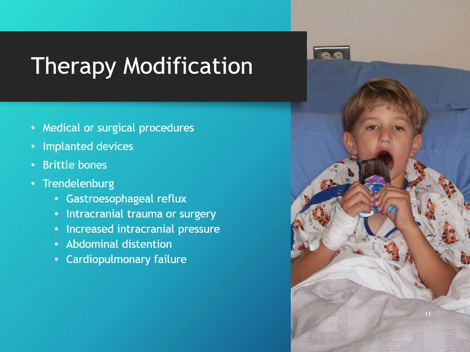We don't want to increase pressure in the chest and the systemic pressure. Anyone with severe cardiopulmonary failure, we want to be very, very careful with. And we do not want to put them in a head down position.